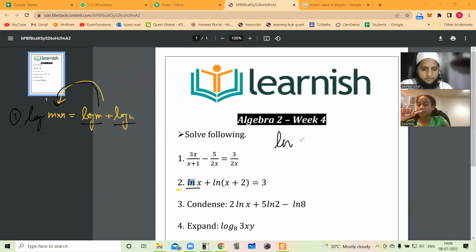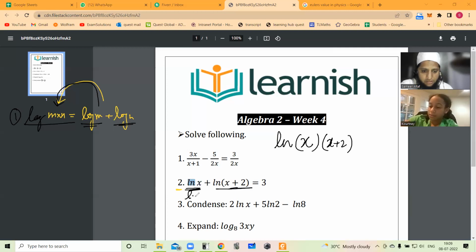So ln of m, instead of m I have x. And instead of n, I have x plus 2 only, right? Log m plus log n is log of m times n. So m is x and n is x plus 2.